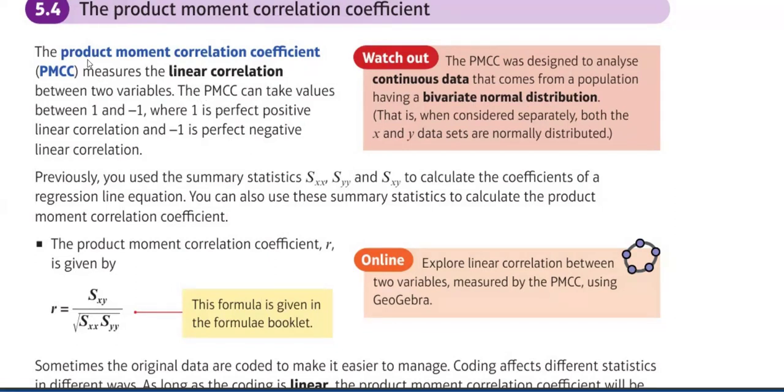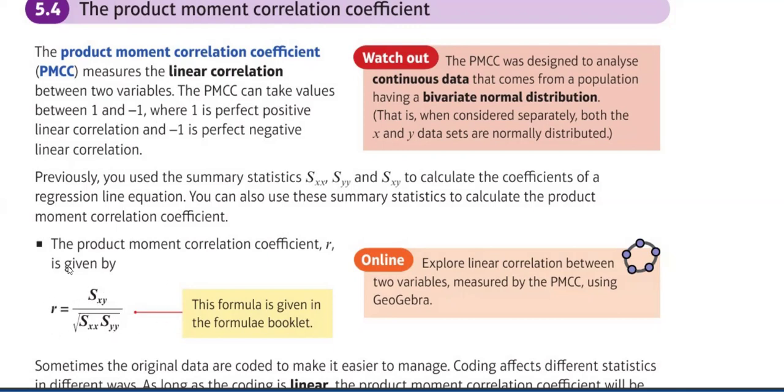PMCC, product moment correlation coefficient, can take values between 1 and -1. 1 is perfect positive linear correlation. -1 is perfect negative linear correlation.